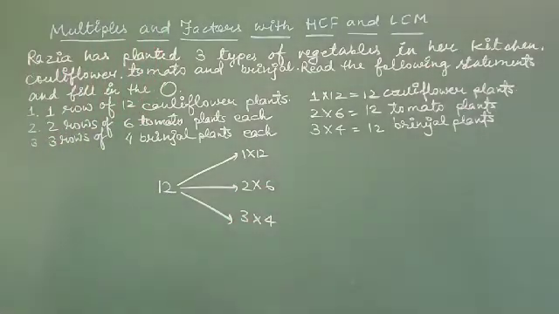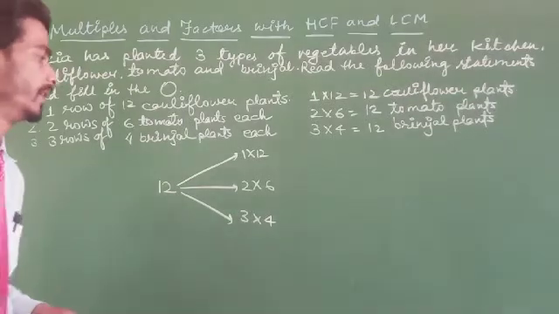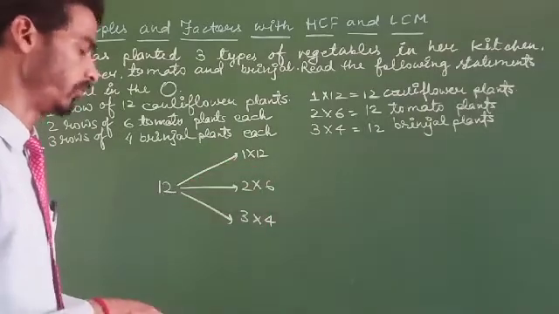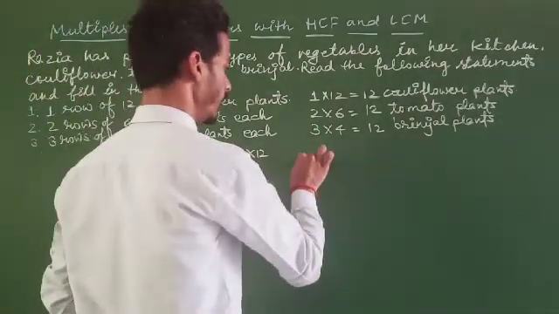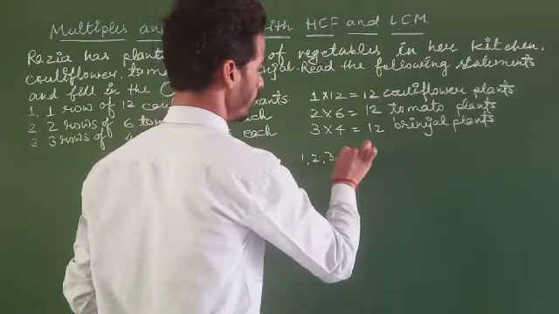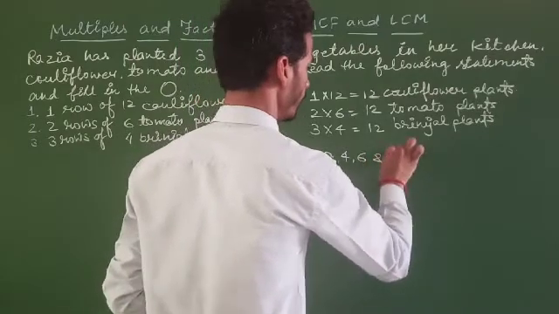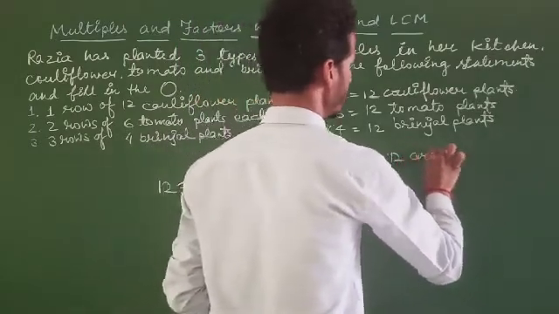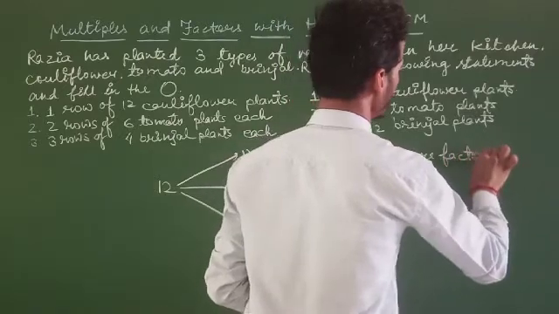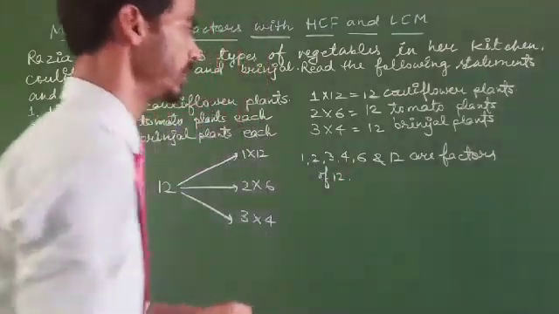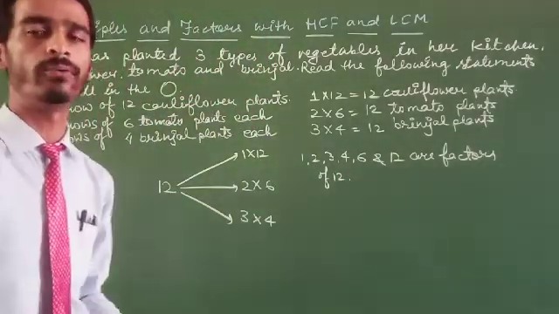So you know here that 1, 2, 3, 4, 6 and 12 are factors of 12.